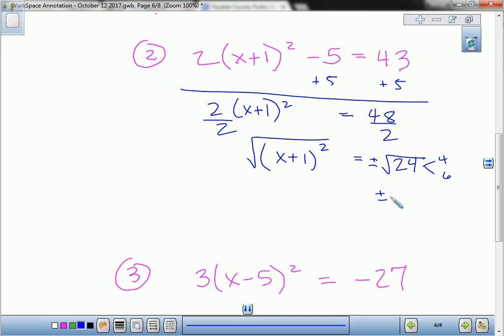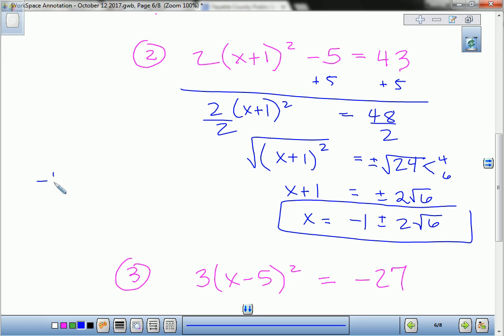So this becomes plus or minus, the square root of 4 is 2, and the 6 stays under. And then we move the 1 over. Now, this answer is irrational, and it's actually 2 answers, but you're welcome to leave it like this. The 2 answers are negative 1 plus 2 roots of 6, and the second answer is negative 1 minus 2 roots of 6.